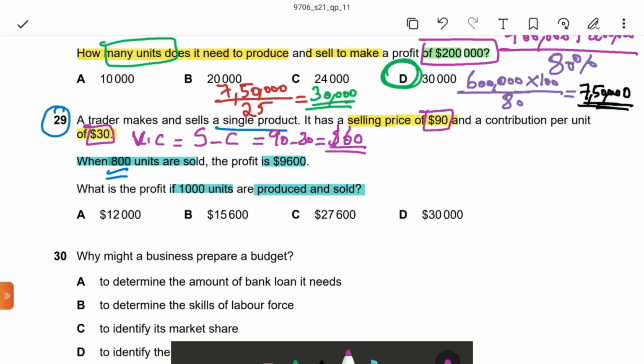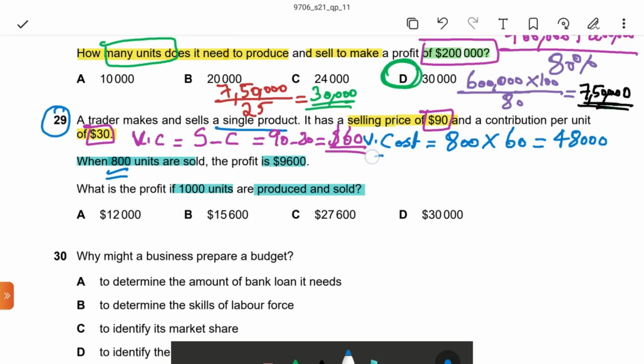So to produce 800 units, our cost is 800 multiply 60. 800 multiply 60 is 48,000, the variable cost to produce 800 units.